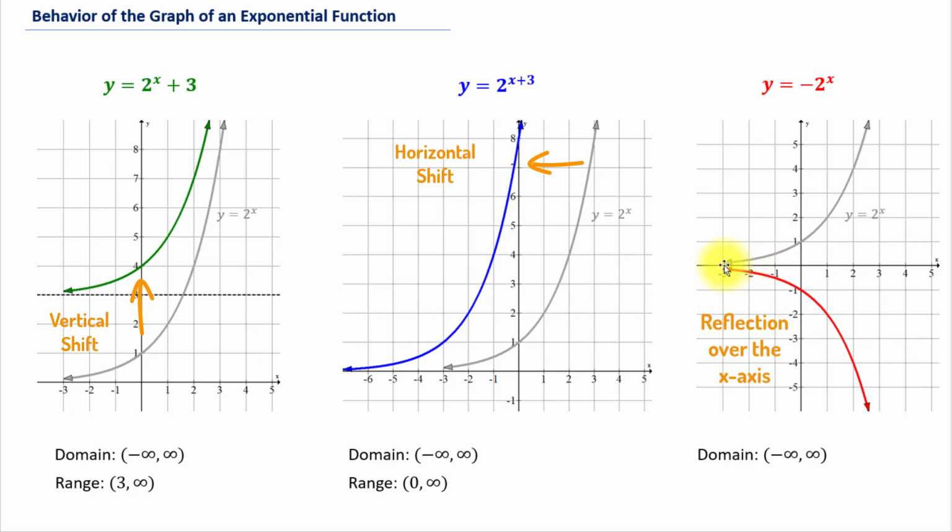Well, since the graph is positioned below the x-axis, and it will never cross or touch it, the range of this function is the interval from negative infinity to 0. Keep in mind that we always read the vertical axis from the bottom going up. That's why it's from negative infinity to 0. Okay, so these are some additional examples of exponential functions and their graphs.